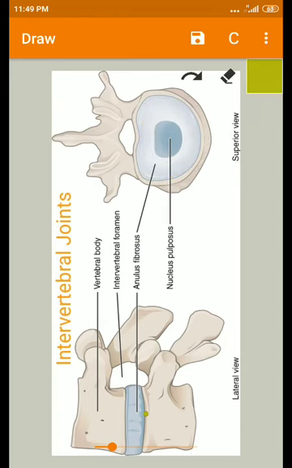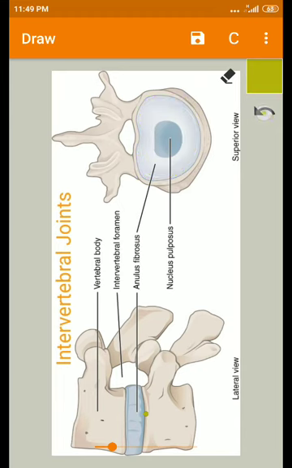In this you can see two colors here. The outer narrow zone is made up of collagen fibers, and the wider inner zone is made up of fibrocartilage.